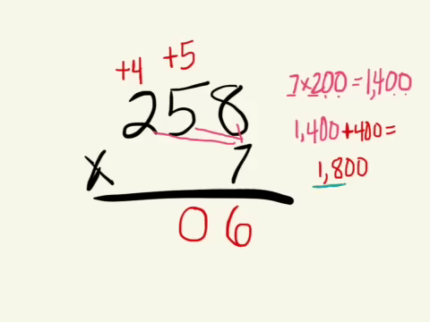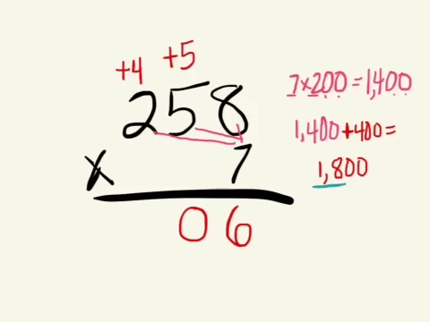First of all, what we can see is that we don't have any more distributing to do. We don't have any thousands or 10,000s to multiply by 7. So we're done with our multiplication distributing. So what we can do is make sure that this 18 here for our 1,800 gets in the right place.